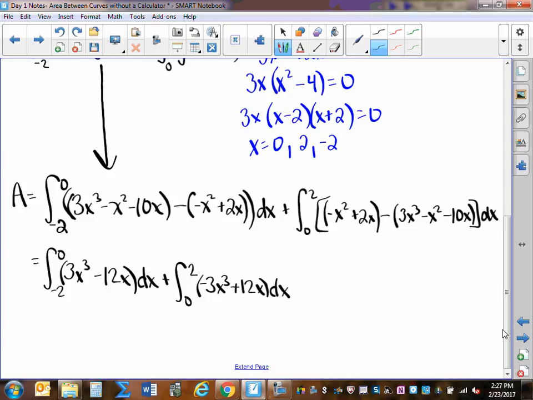Okay, do we agree with this? 3x cubed minus 12x, and then your other one's negative 3x cubed plus 12x?